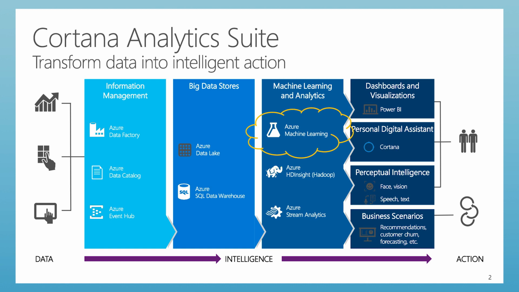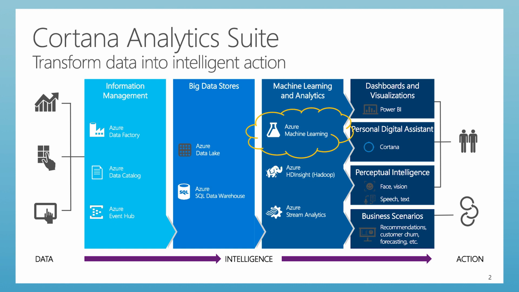The third column shows advanced analytics, including Azure ML, which we are going to focus on today, and Azure HDInsight, which is Microsoft's Azure version of the Hadoop system. It is a distributed cluster to help with heavy-duty data crunching and data pre-processing tasks.